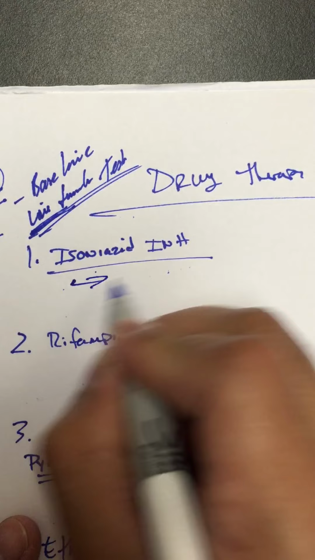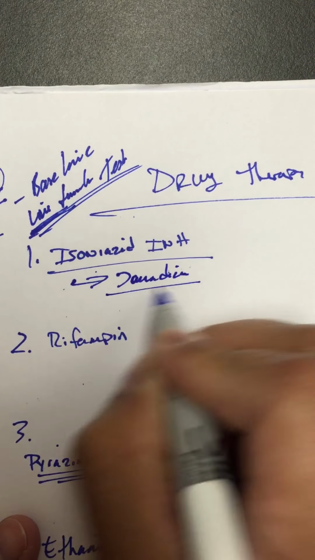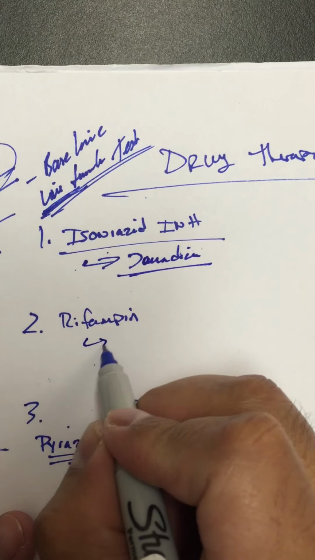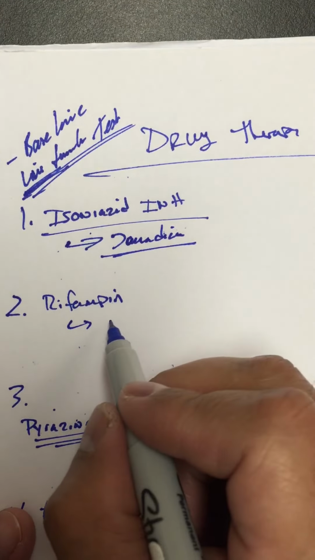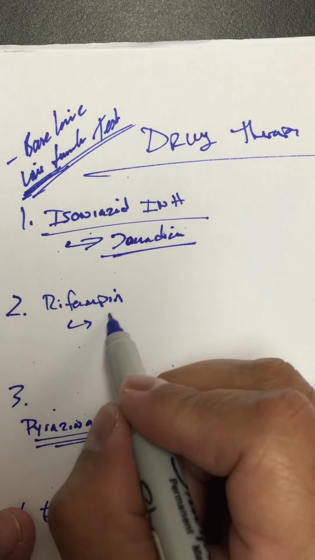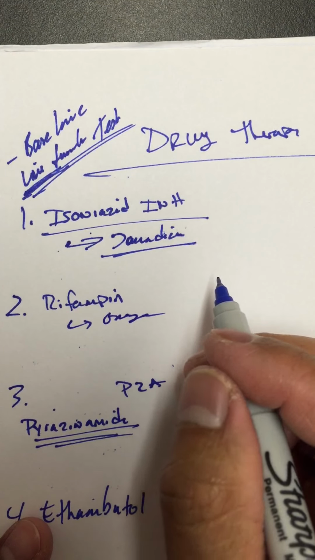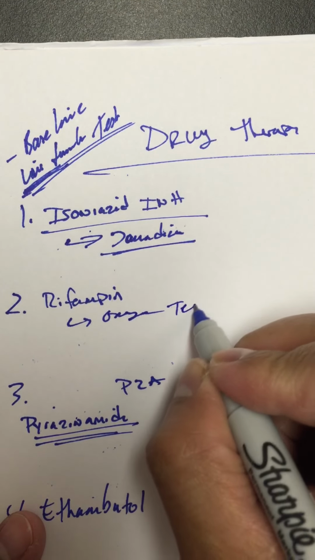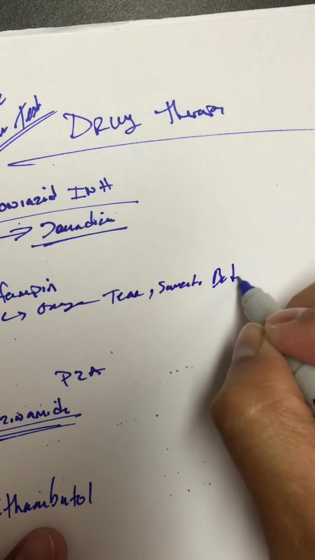So for INH, you always want to monitor for jaundice. Okay? For rifampin, you must let your patient know that this can cause some orange tears, sweat, body fluid production.